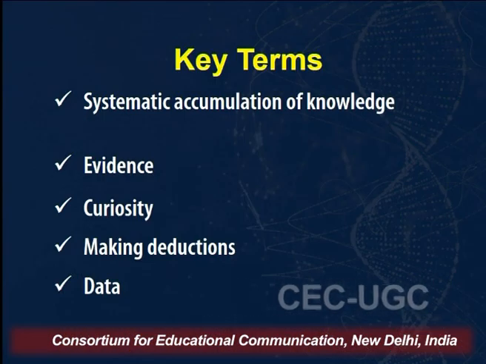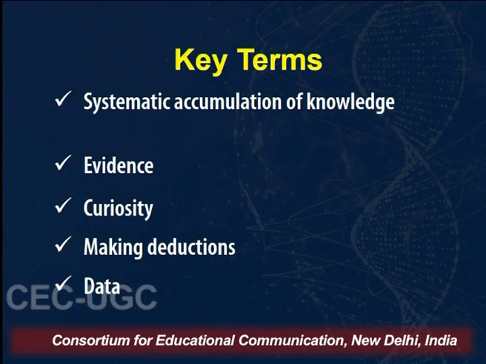Another key term was evidence, which is again a very important aspect of scientific research, that there has to be a certain kind of proof. There has to be an explanation well based on the documentation, the experimentation, the results, and everything that this knowledge is based on.